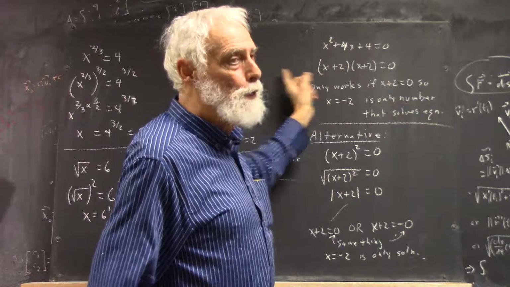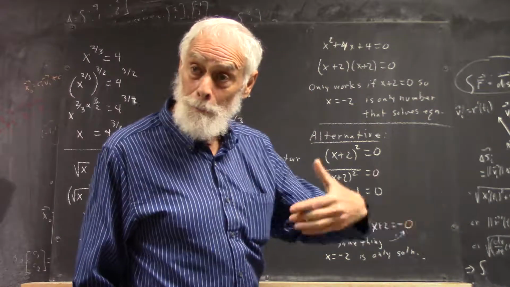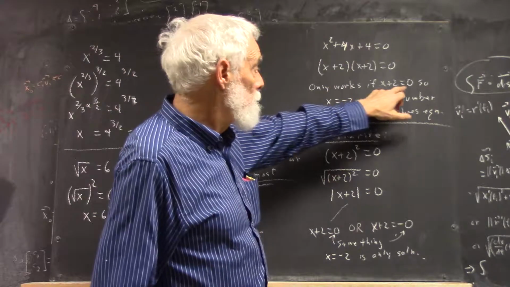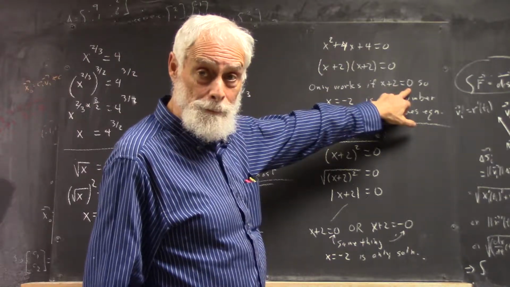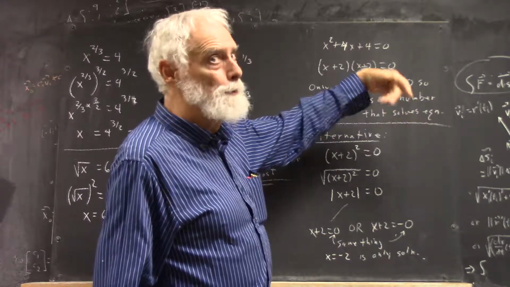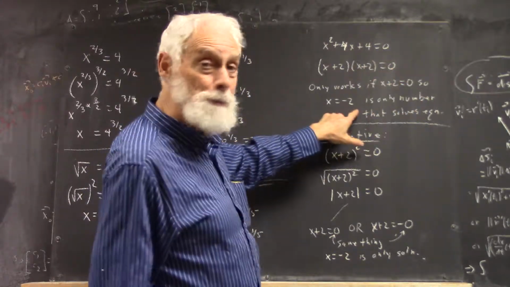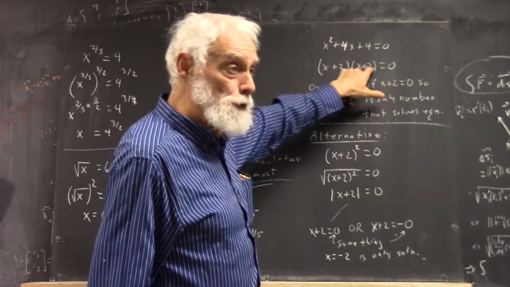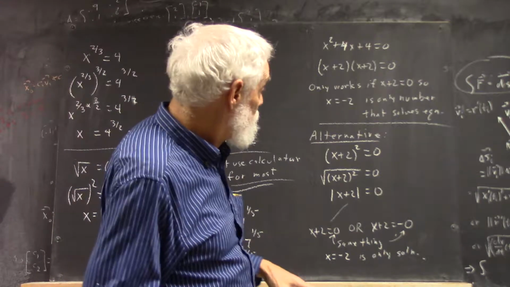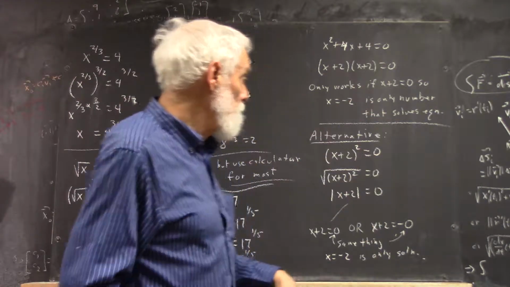If this one's 0, the whole thing's 0, because you're multiplying. Only works if x plus 2 is 0, which means x plus 2 equals 0. If you subtract 2 from both sides, x has to be negative 2, right? Just to do it by formal algebraic steps. And that's the only number that solves the equation.